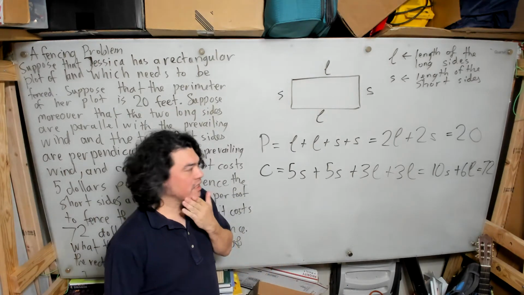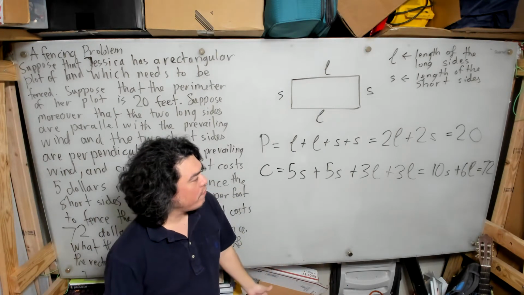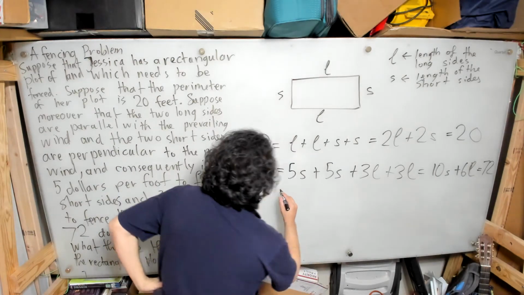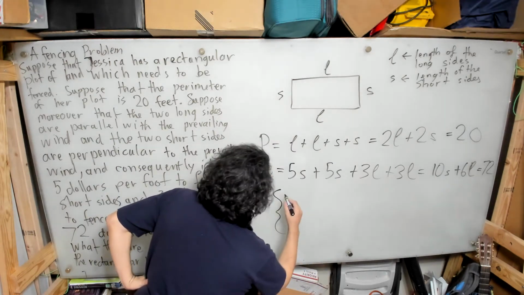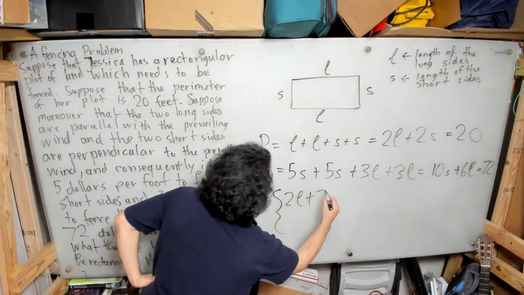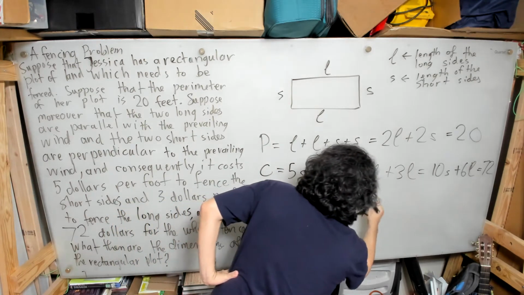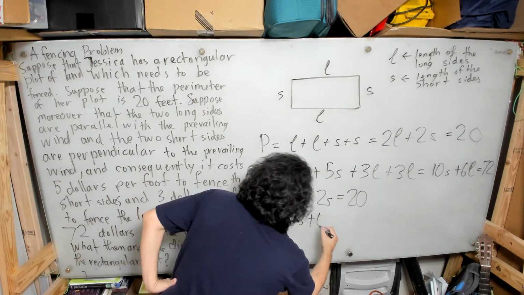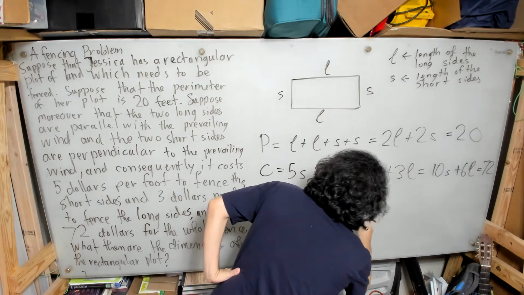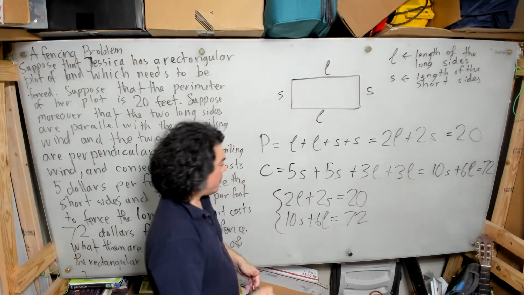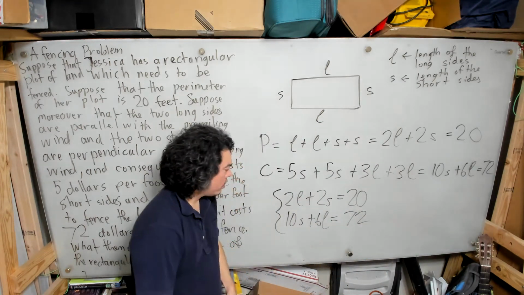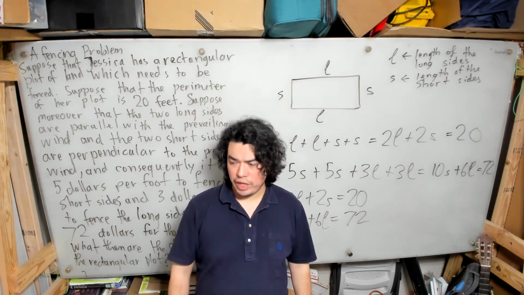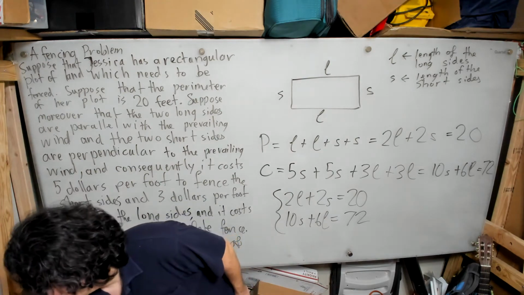So as a result of these considerations, we now have a system of equations that captures this problem, namely the following system: 2L plus 2S equals 20, and 10S plus 6L equals 72. So now what we're going to do is solve this system of equations.